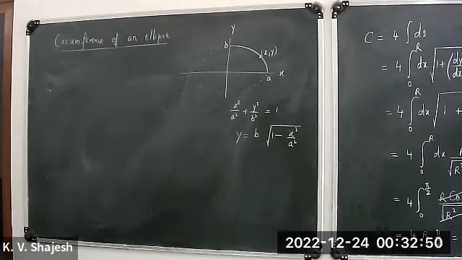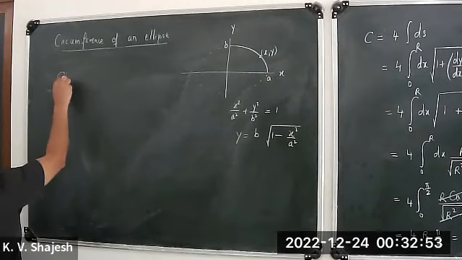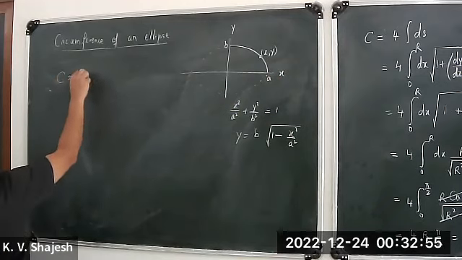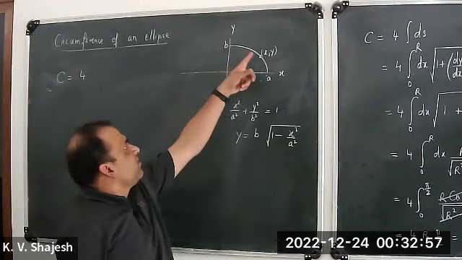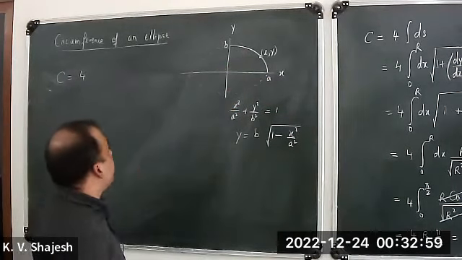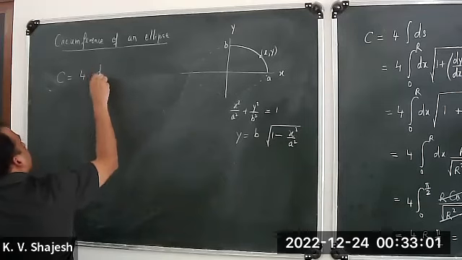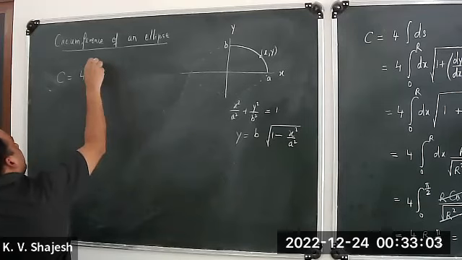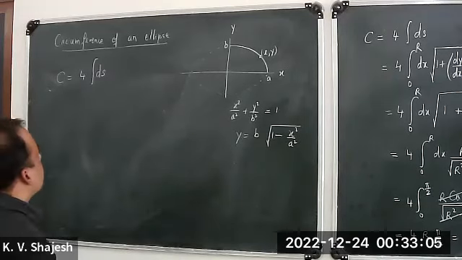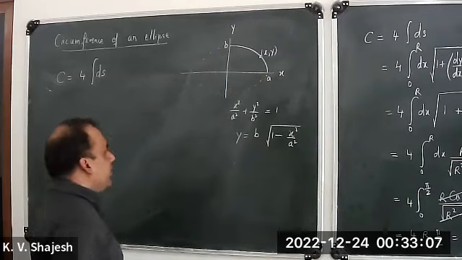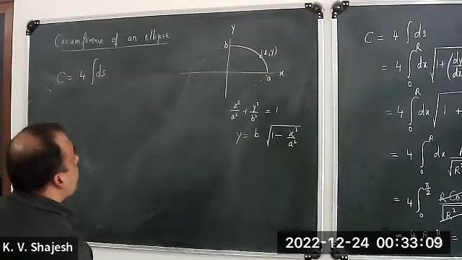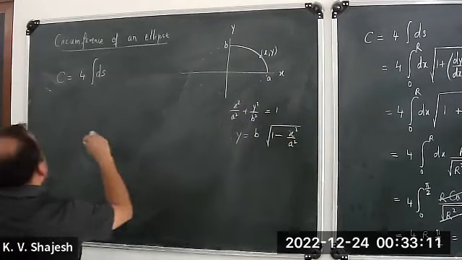So the circumference would be 4 times, by symmetry, I just need the length of this curve. That's ds. I just integrate over the whole thing. It's good to write it in terms of x, exactly like we did earlier.